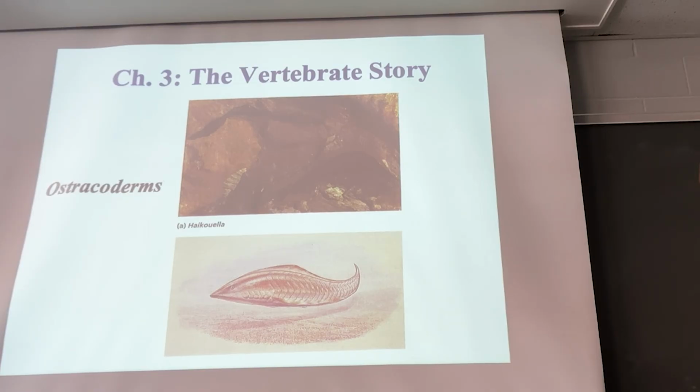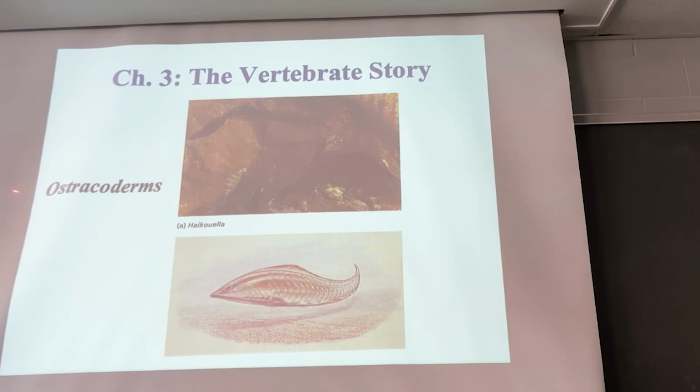It adds armor, if you will, to the outer surface of these fish. And that is separate from their endoskeleton, the skeleton that they have. And really the endoskeleton in these fish was probably cartilaginous, at least that's what the evidence shows. And so they had a cartilaginous endoskeleton, and bone first arose in the skin.